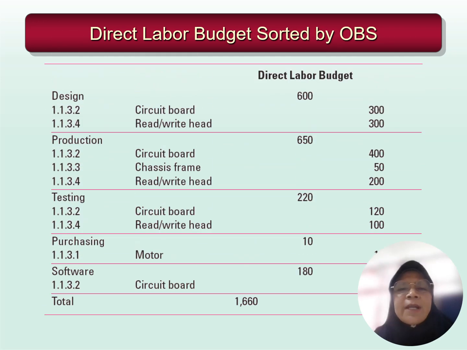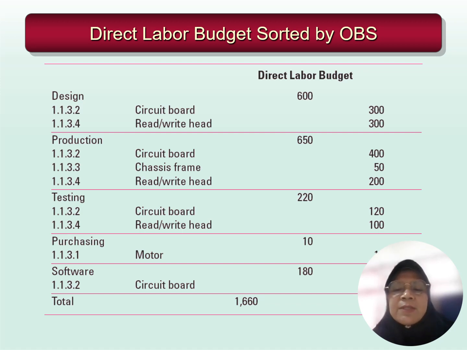Okay, for the direct labor budget sorted by OBS, organizational breakdown structure, we identify each level with a specific task. For example, here the first level we have design, second level is production, testing, purchasing, software, and then the total. Because we are talking about budgeting based on the OBS, we identify based on the organization breakdown, but it also has the budget for each level, similar to the work breakdown.